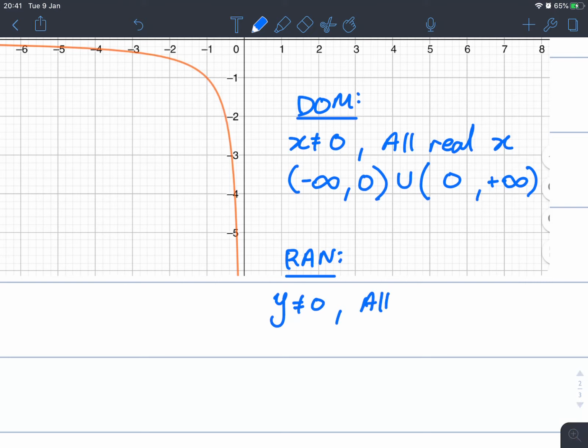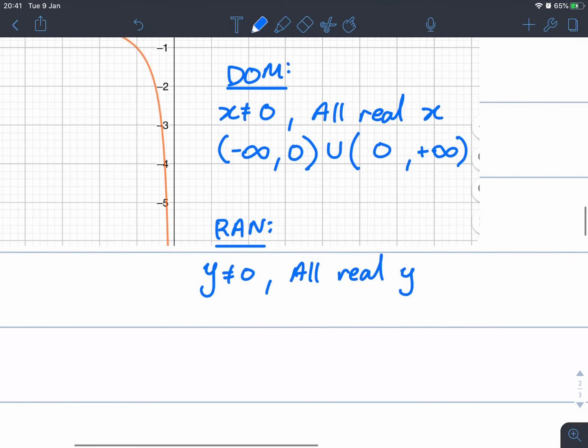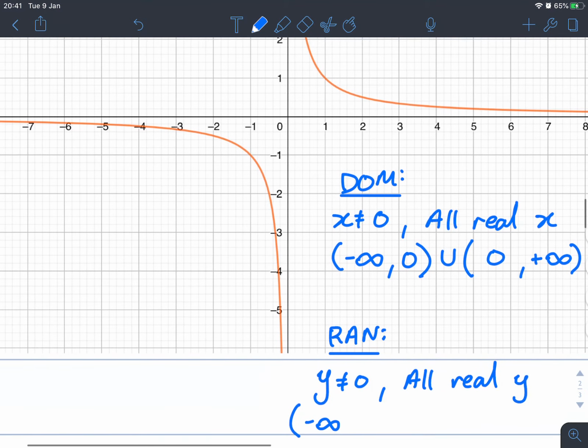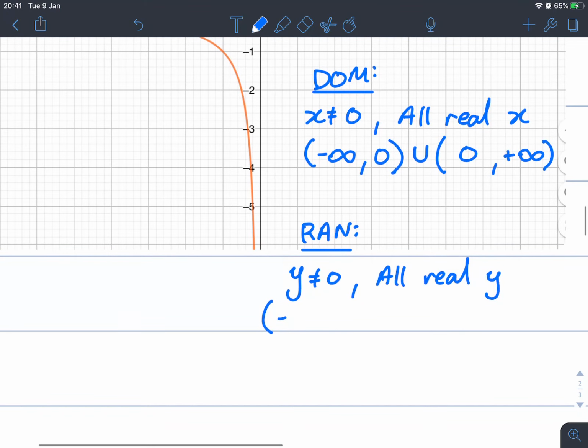Otherwise, all real y. Okay, and now in bracket notation, it can go from -infinity. So here's -infinity, you can go all the way down. Okay, but then it has to stop, right? It cannot ever reach 0. So it'll go from -infinity and it'll stop at 0, not including 0.